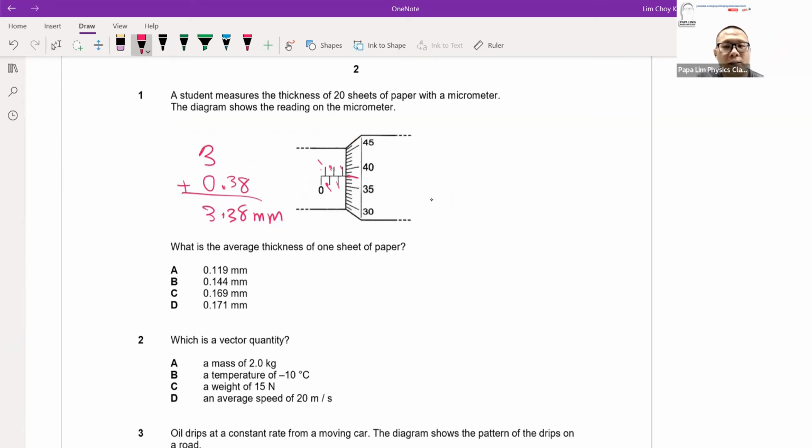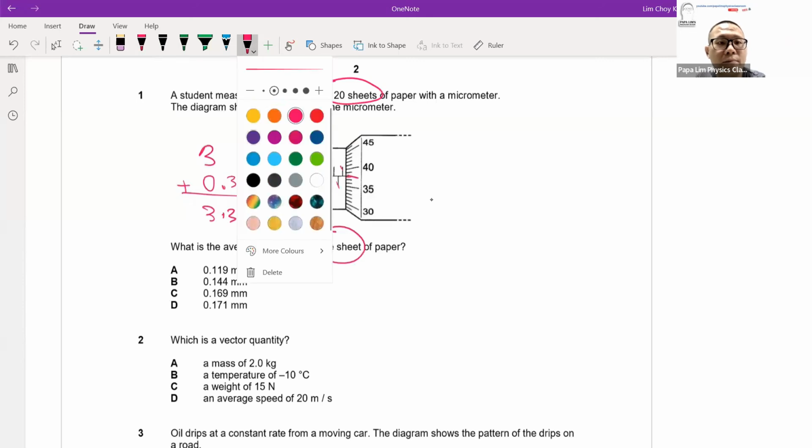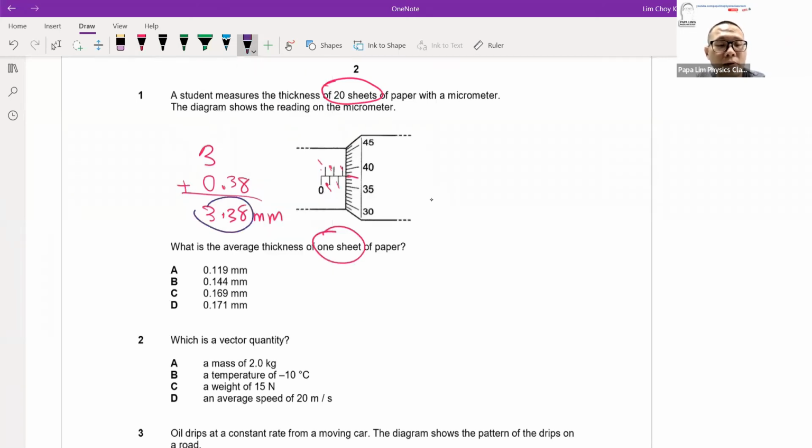The question says it is a measurement of 20 sheets of paper, and it asks for the thickness of 1 sheet. So once you have this number, remember to divide by 20 to get the single thickness. I only want 1 sheet.